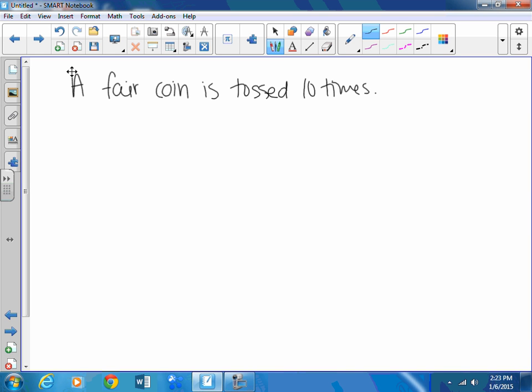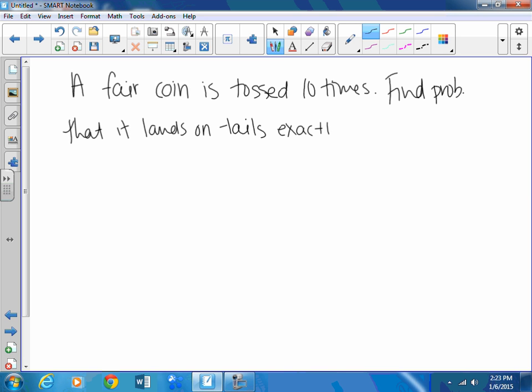Okay, let's find the probability that it lands on tails exactly 6 times.